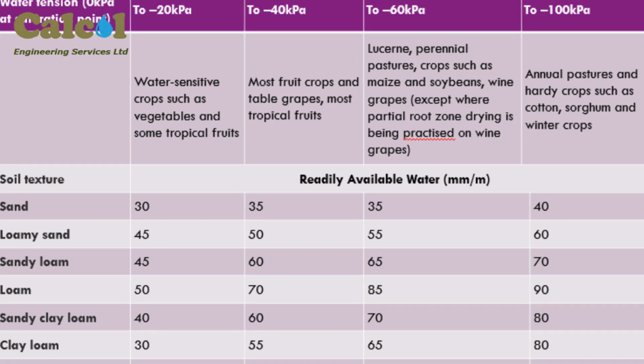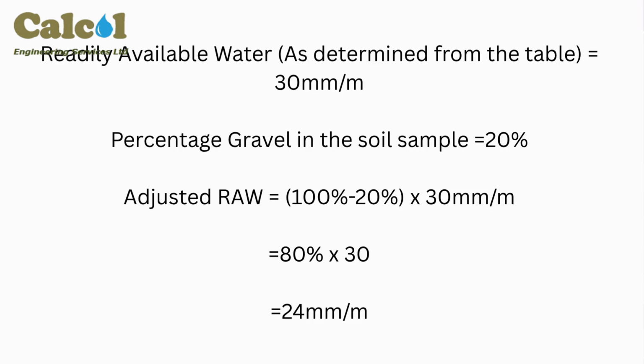Then using a tensiometer, you identify that the soil water tension is 20 kPa, and you've determined that the readily available water is 30 from this table. If the percentage gravel in your soil is 20%, you reduce it by 20%.